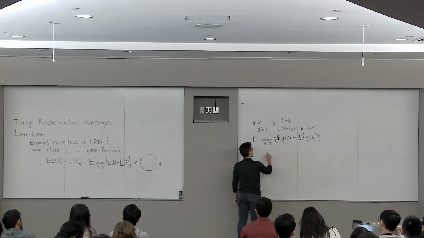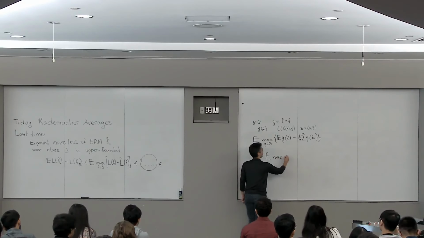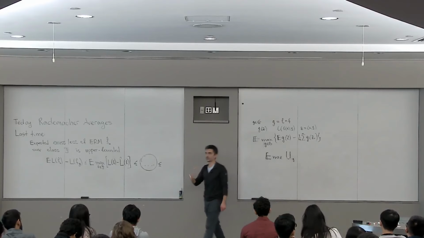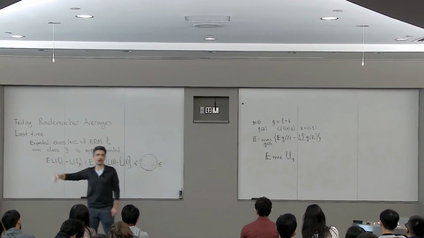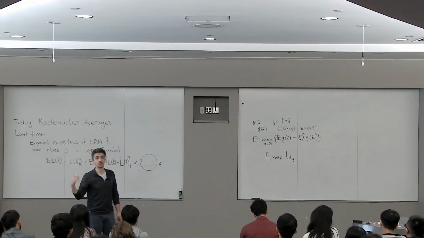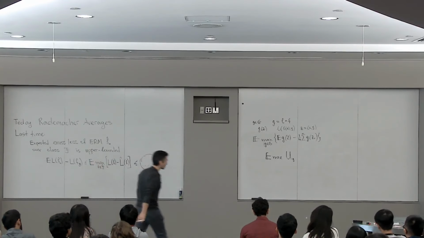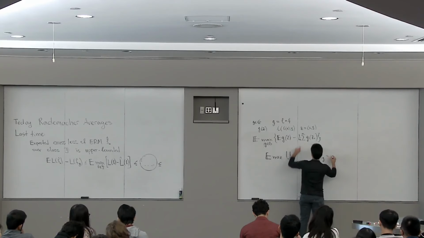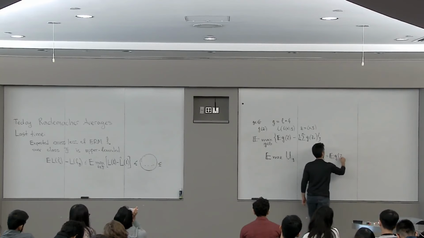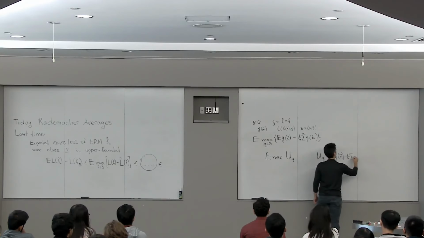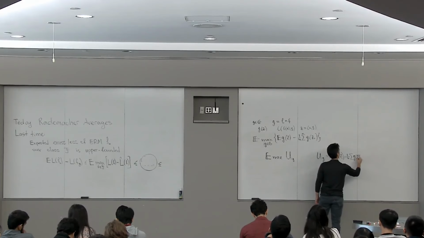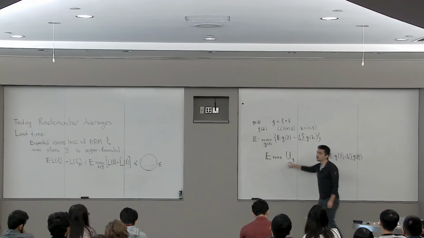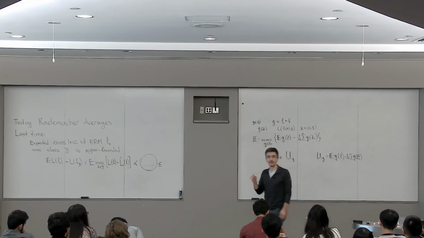Let me think of the expected max of a random variable U, which is indexed by g. So think of U1, U2, U3. Let's say I enumerate all the elements of G, if it's countable, where of course U_g is this thing. I haven't done anything yet. So U_g is a zero mean random variable.